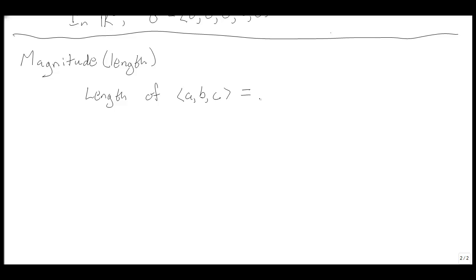Now, with the vectors, we said we had a magnitude and direction. We're not really going to talk about the direction here a whole lot, but we can talk about how to calculate the magnitude or length. And it turns out that the length of vector (a, b, c), we're going to use essentially our distance formula: square root of a squared plus b squared plus c squared.